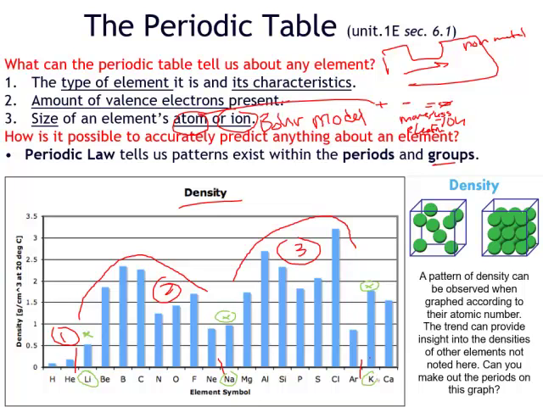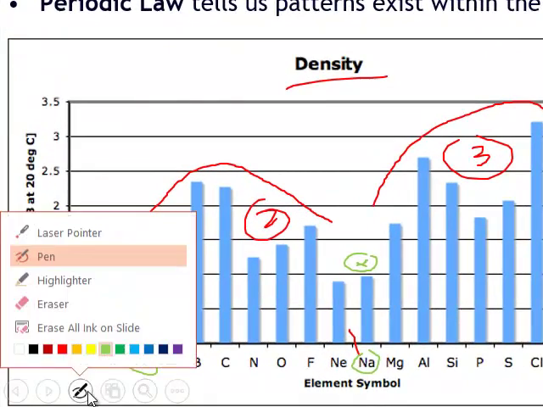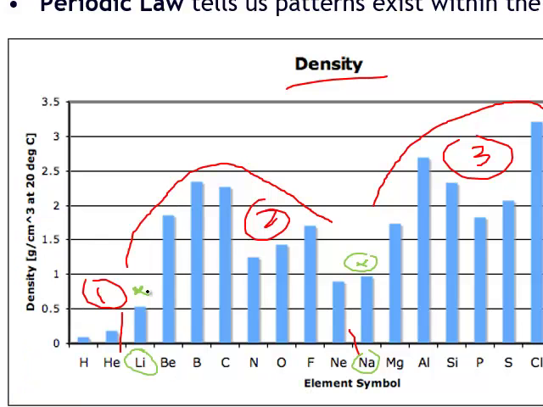If I just look at the X's that I drew here, I notice that they increase. So the next alkali metal on the periodic table is rubidium. So where would rubidium be? Based on this pattern, rubidium will have a higher density than potassium. The same thing can be done with the alkaline earth metals, group 2A.